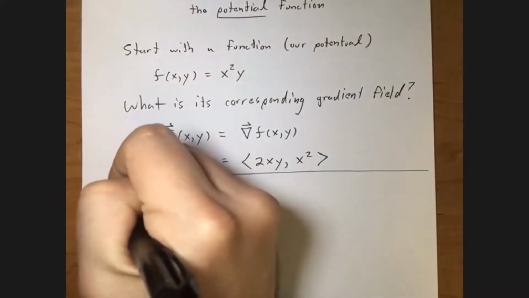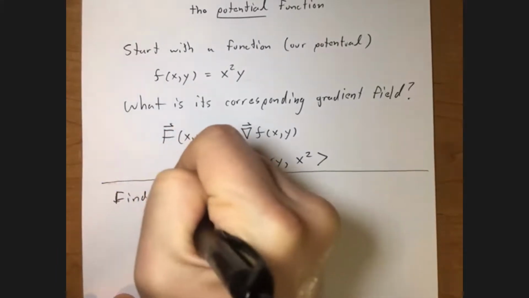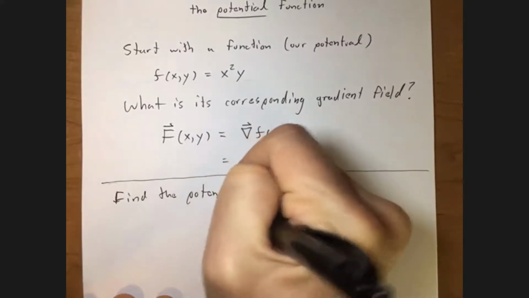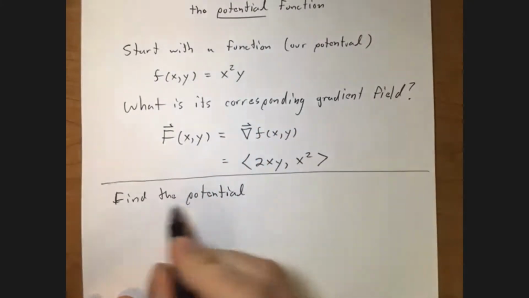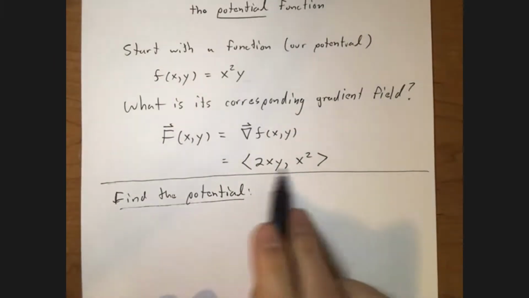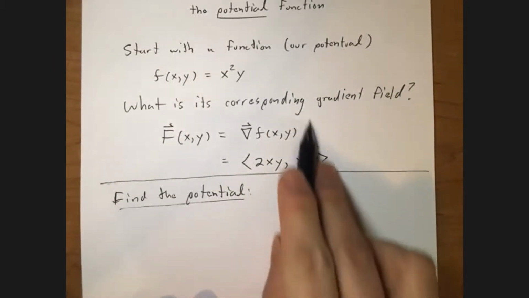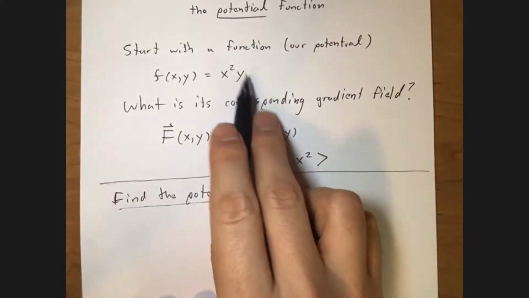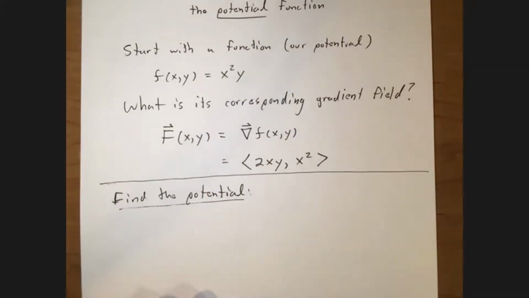Let's write it like this: find the potential. Okay, so I'm going to give a vector field, and we're going to see if we can work backwards. We're going to start with this and see if we can find the potential function. Okay, so let me try.